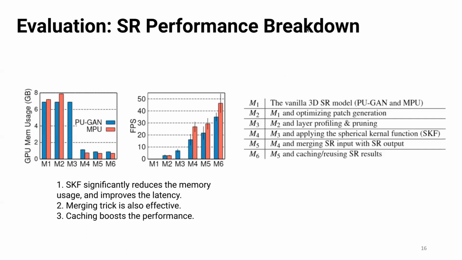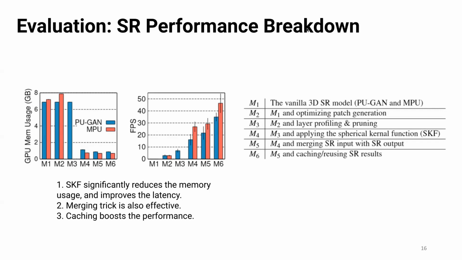They also did a performance breakdown to conduct an ablation study and see the effect of these components. The takeaway from here is: M4 is where you add the SKF instead of the PLNet-based convolution, M5 is the merging tree, and M6 is using caching.